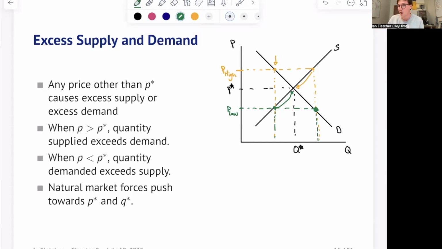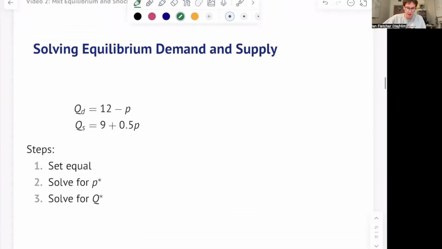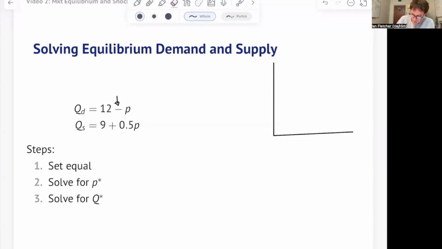So that's it graphically. What if we wanted to show this mathematically? Suppose that these were our two functions, our quantity demanded and our quantity supplied. And you can tell that this is quantity demanded because price has a negative sign.